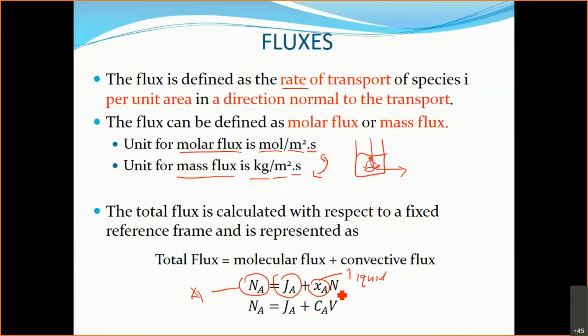We can also convert this into another equation, where Na is the total flux, Ja is your molecular flux, Ca is your concentration, and V is your velocity. The definition and derivation of both equations you can refer to in the textbook chapter that I have uploaded into the e-learning.